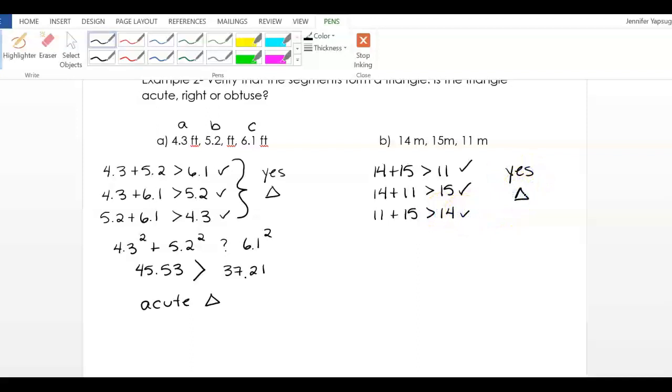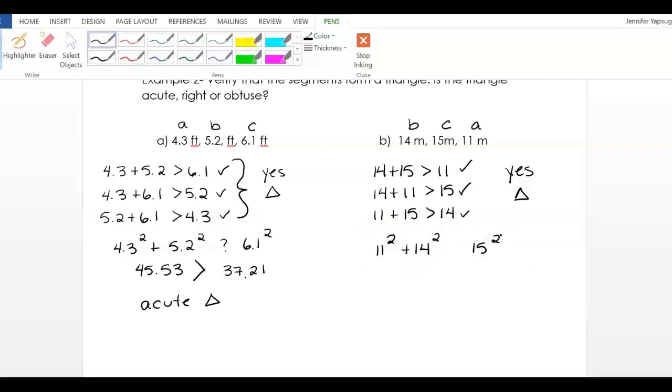Now let's check to see what kind of triangle it is. So let's go ahead and label up here. So I'm going to call this A, this B, and this one C, because C, again, remember, is our largest side. So I'm going to take 11 squared plus 14 squared, and I'm going to see how that compares to 15 squared.